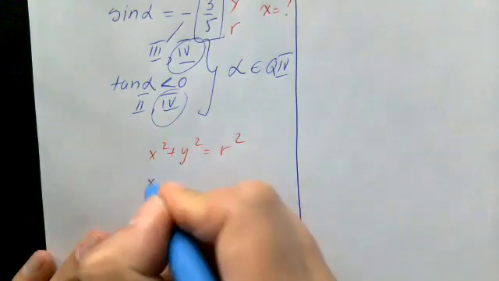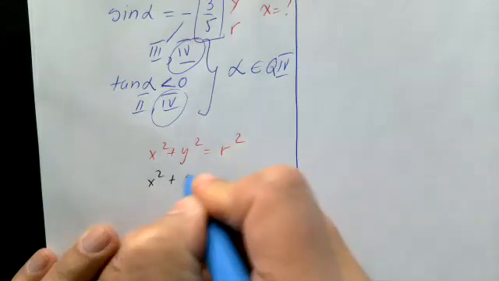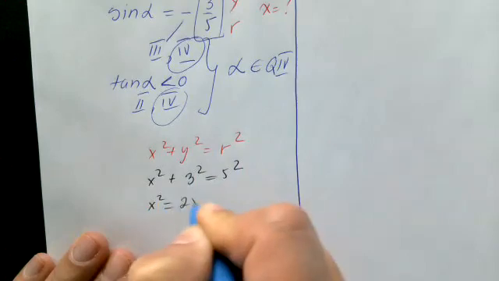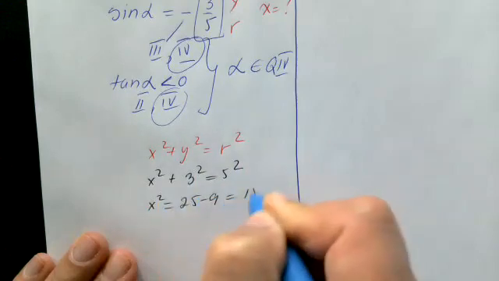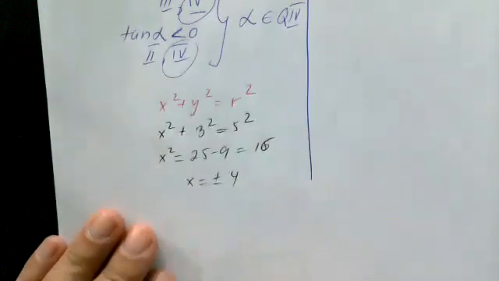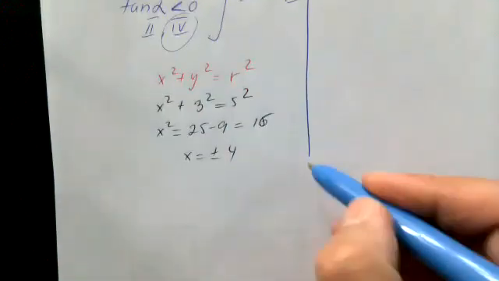X squared plus 3 squared equals 5 squared. X squared equals 25 minus 9 equals 16. X is plus or minus 4. Again, we have done this.